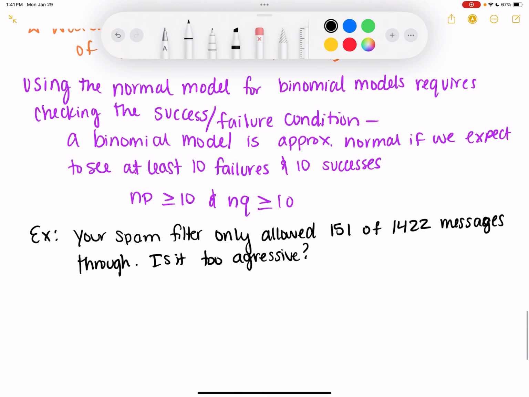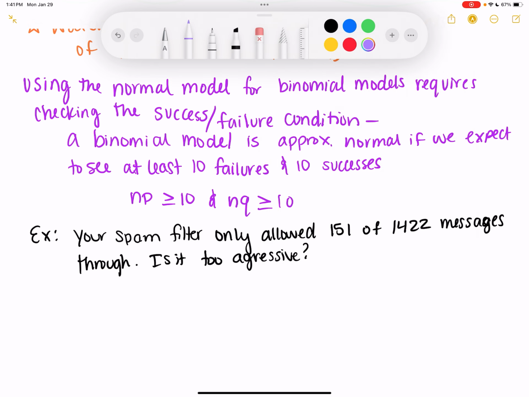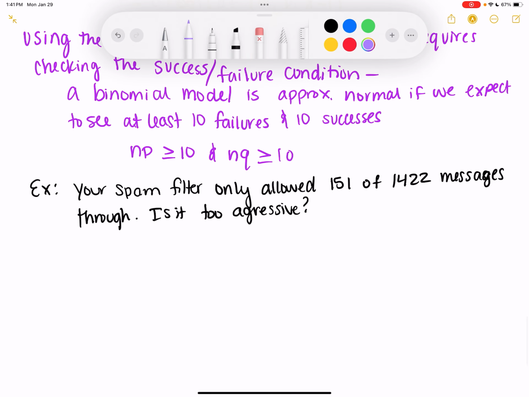So we're going to check some of our conditions first. Is 1,422 less than 10% of all emails?